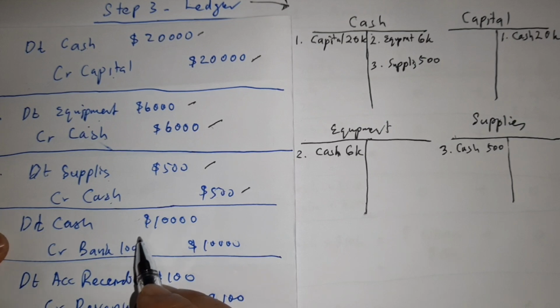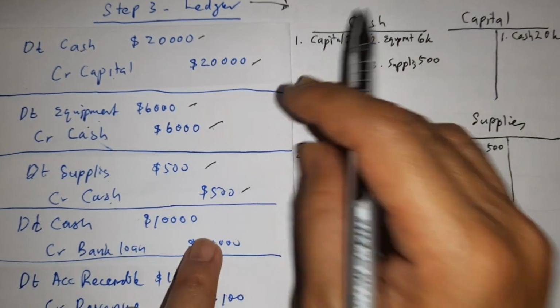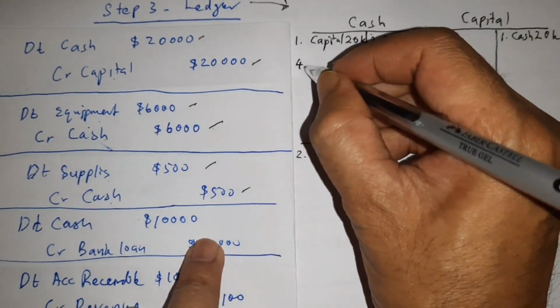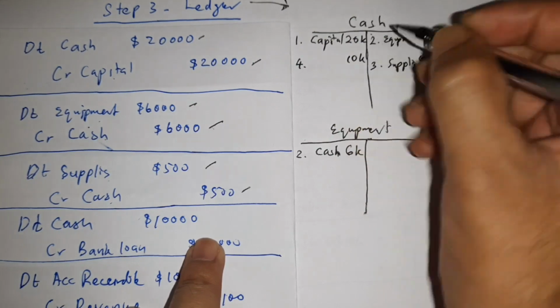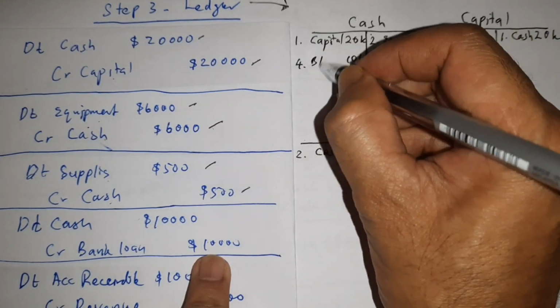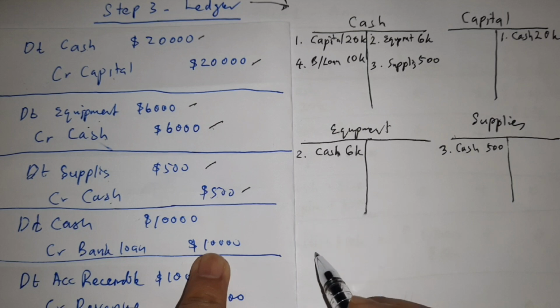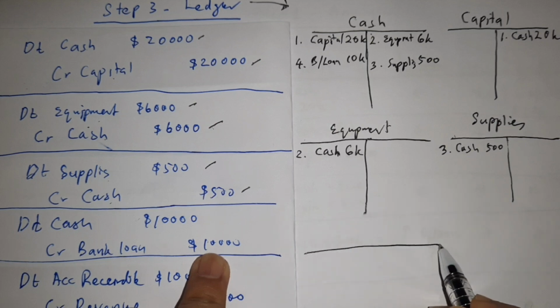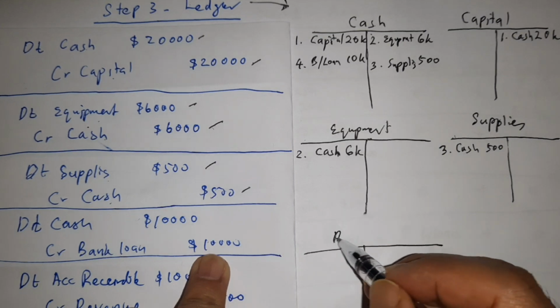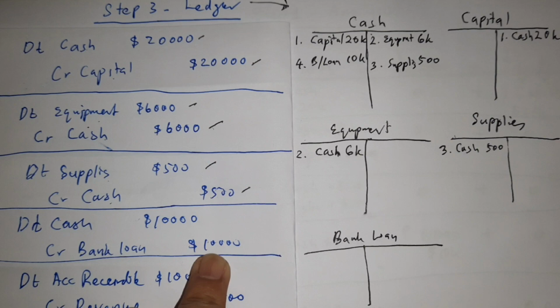Debit cash $10,000. So cash, you debit, the transaction number 4, $10,000. Refer to account bank loan. There is no account bank loan yet, so you create an account for bank loan. Okay.